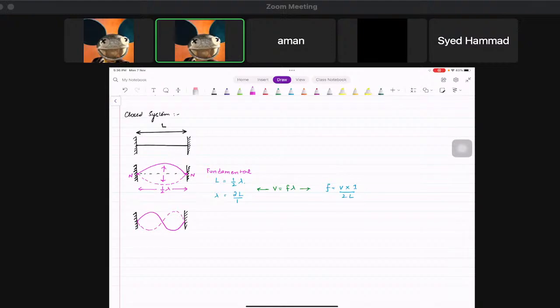Now, because this is a node and this is also a node and this is also a node, the whole distance is now 1 lambda. So if I want to find the wavelength, lambda equals length, and I could write it as lambda is equal to 2L by 2. Can I do that? It won't change any fact, right?